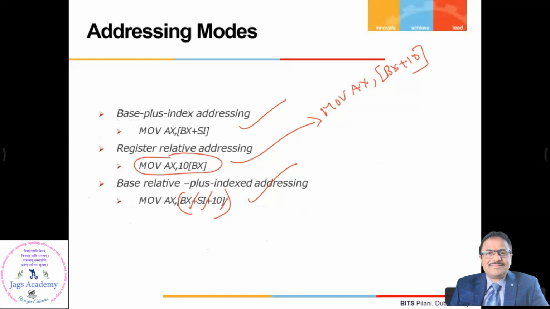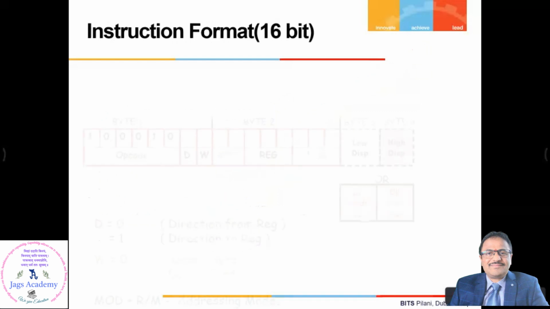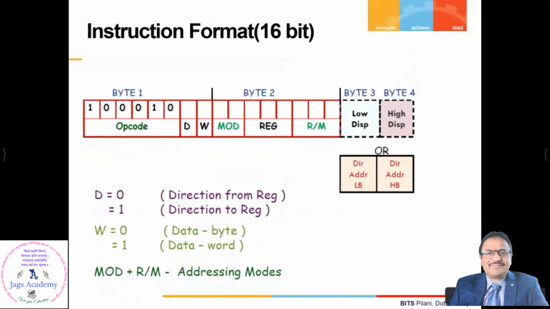Now, next, let us go to a very important chapter, which is called instruction format. I want all of you to concentrate on this. I told you that all the instructions you have written in the assembly program are ultimately converted to machine instructions.